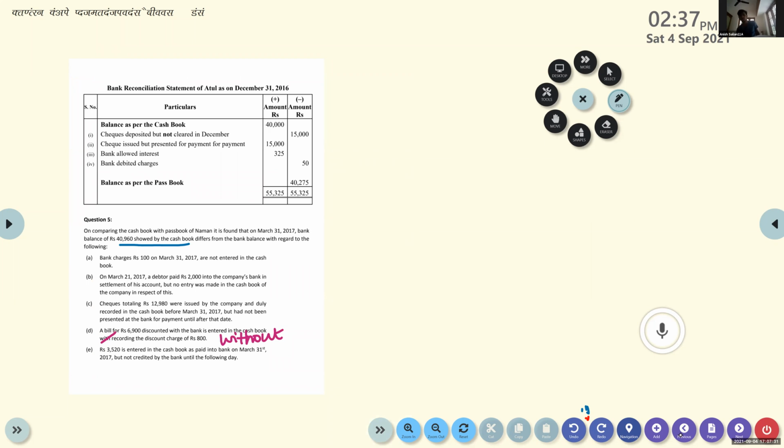I missed out E. Rupees 3,520 is entered in the cash book as paid into bank, but not credited by the bank until the following day. That means the business wanted to deposit 3,520 in its bank account.